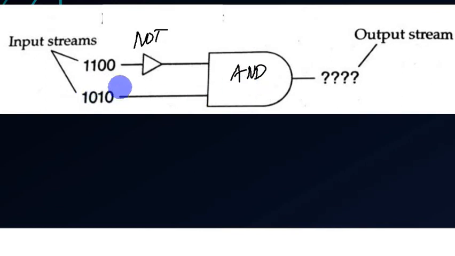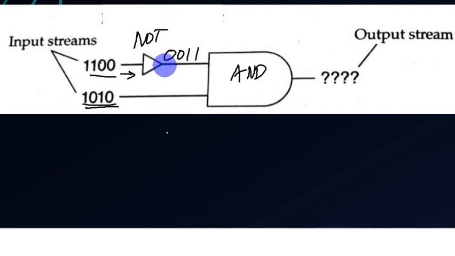Here nothing will happen, so this input stream is just already the input to our AND gate. But something happens here because these input streams will have to pass through our NOT gate. Once it passes through our NOT gate, NOT 1 is 0, NOT 1 is 0, NOT 0 is 1, NOT 0 is 1.